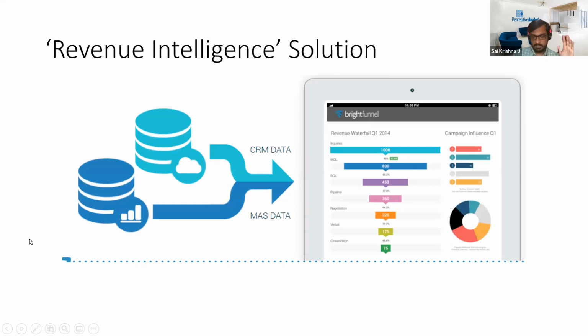At the end of this B2B attribution modeling exercise, the solution that will be built will look something like this. It will be called a revenue intelligence solution, integrating online marketing automation software data and the offline CRM data, and then it can possibly have something like this revenue waterfall, showing to what extent each ad campaign has an impact or influence on the revenue.